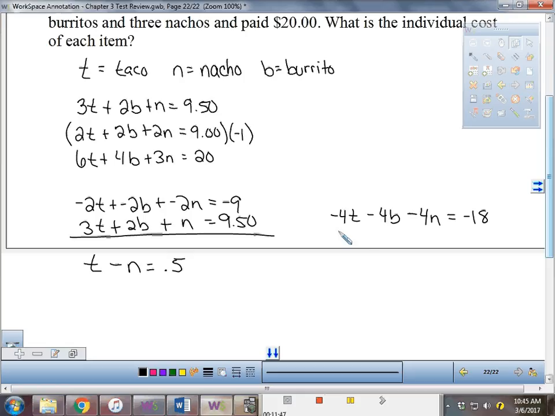And I'm going to add that to the bottom. So that gives me 2T. My B's are canceled. Minus N equals 2. And that's what I'm putting in with this equation right here.